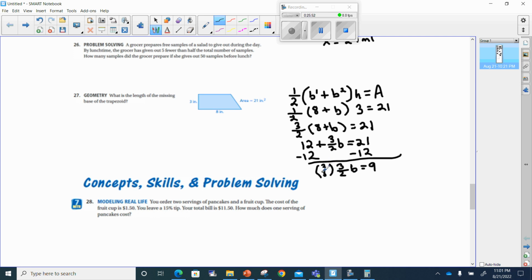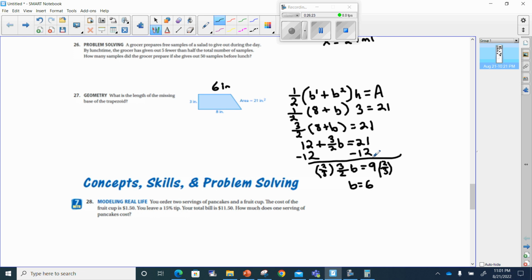Whatever I multiply to one side, I multiply to the other side. Now I have b all by itself. 9 times 2 is 18, and 18 divided by 3 is 6. So that means this side up here is 6 inches.